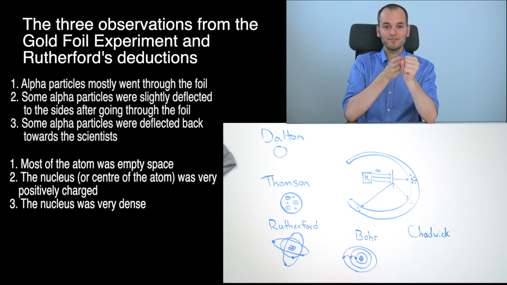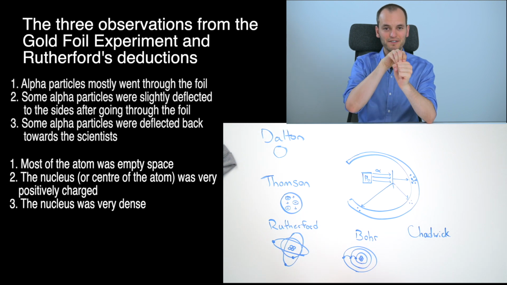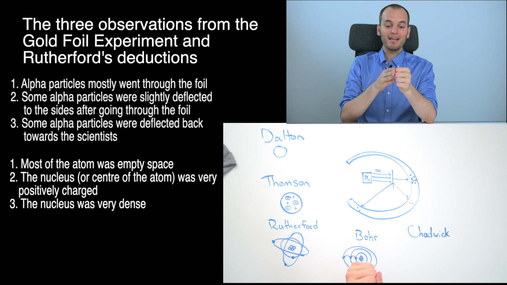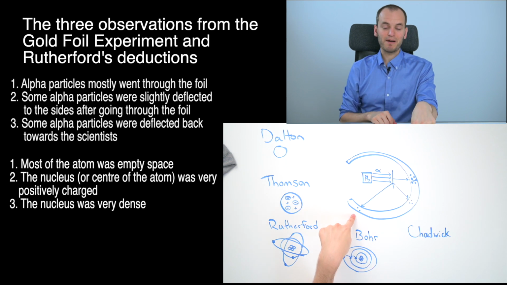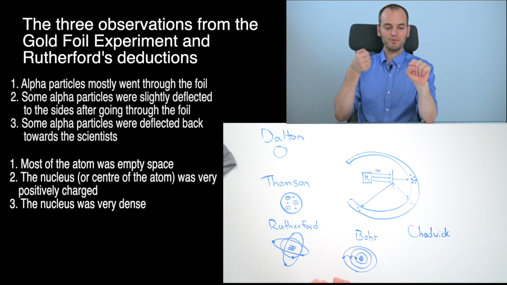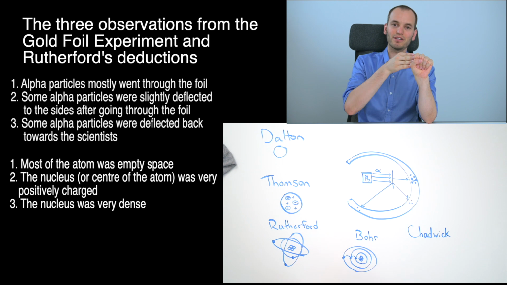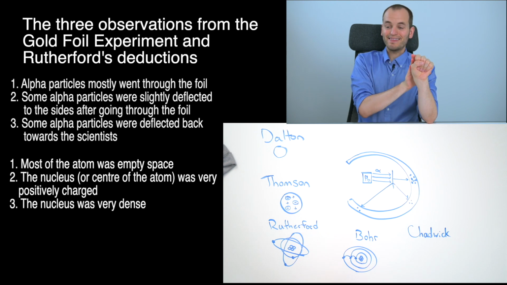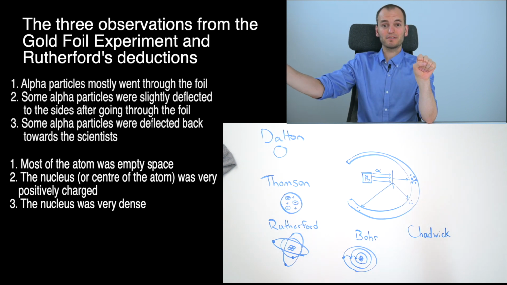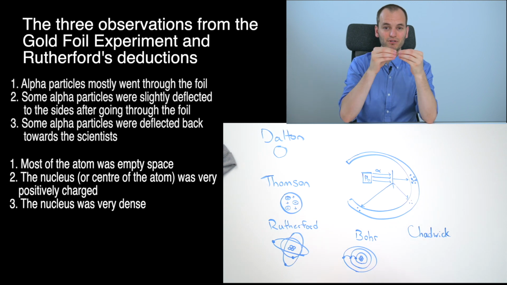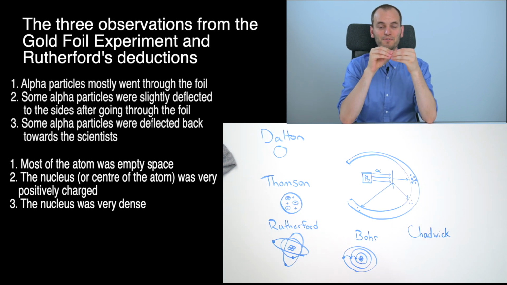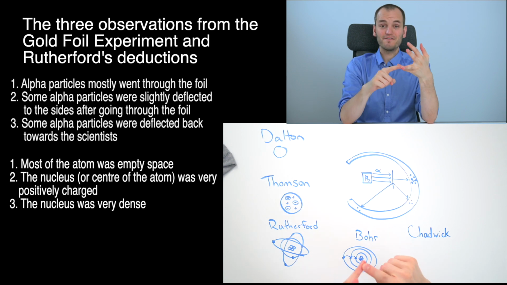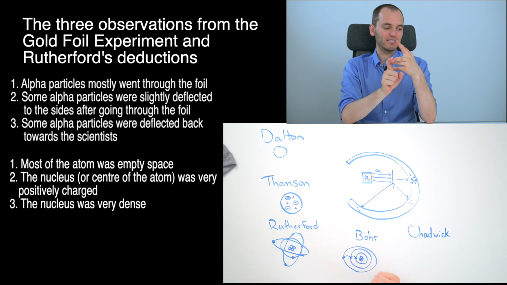So he learned from the slight deflections that the nucleus must also be very, very positive. Then, when the particles bounced backwards, he knew the alpha particles struck the nucleus of the gold atoms and were deflected backwards. So this meant that whatever those alpha particles were hitting was also very, very dense. So he got empty space, very dense, and very positive.